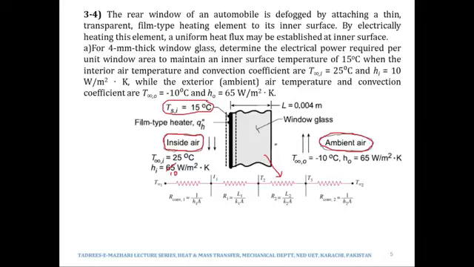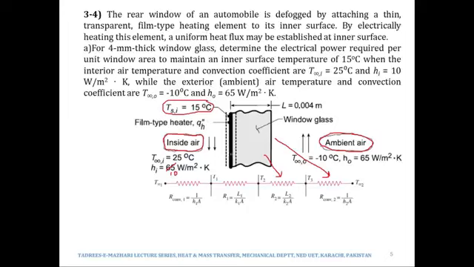So associated with this convection process, there would be a convective resistance, meaning 1 over hA, or 1 over h_o A, or 1 over h_2 A, whatever you like to call it. What is the addition in this problem? The addition is that we now have this film type heating element.